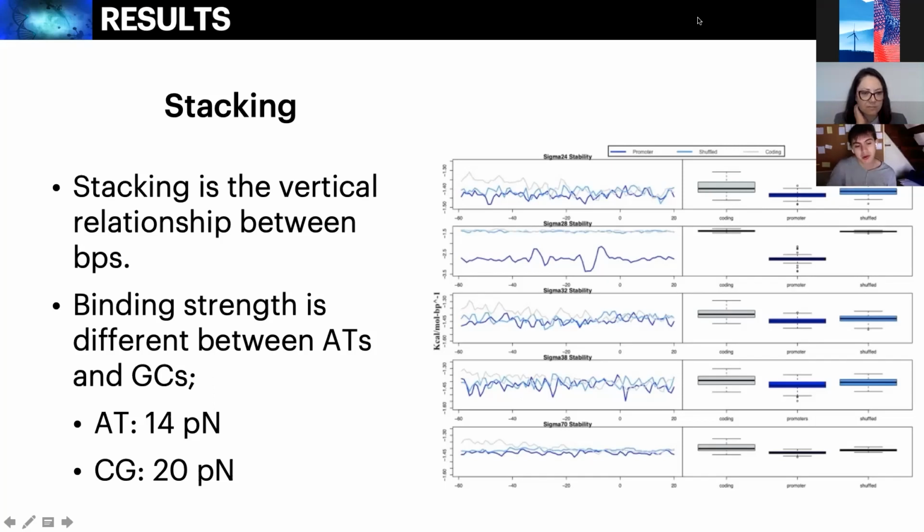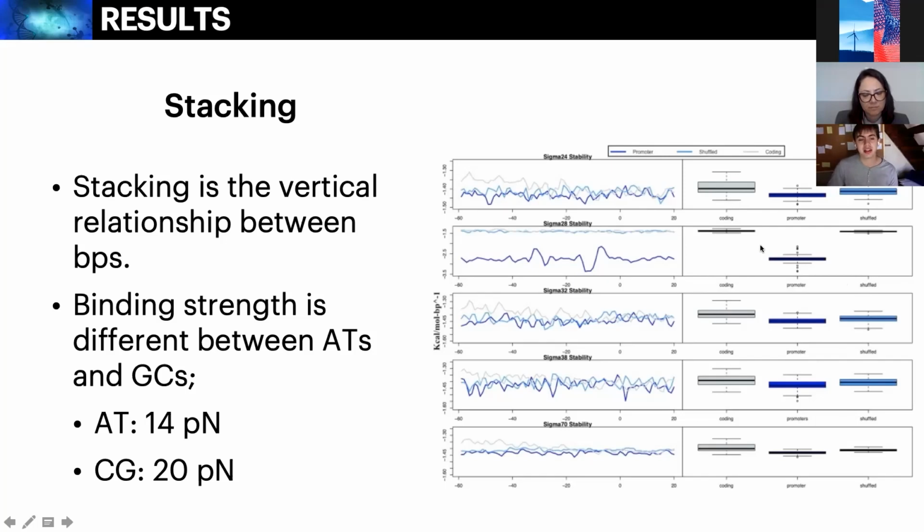Some early reports have found that the binding strength on stacked ATs and GCs is different. So it makes sense for the promoter to have different stacking forces because it's majorly composed of ATs instead of GCs, the same thing we explored with stability. And again we highlight sigma 28, in which the promoters are very off from the two forms of control that we have here.